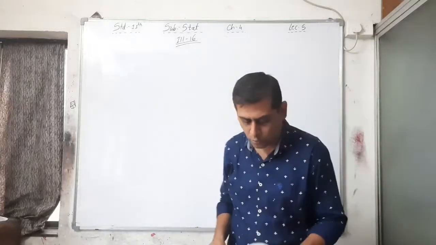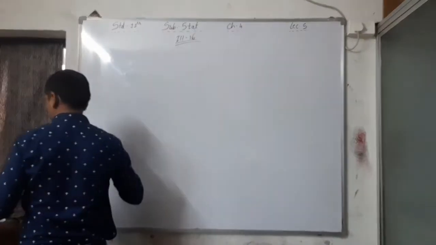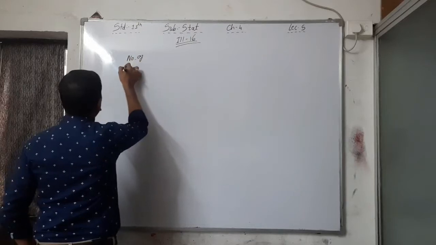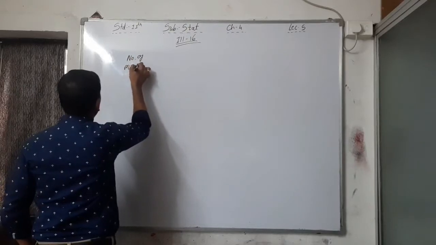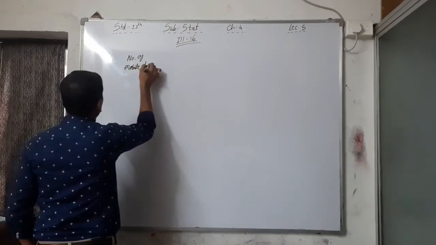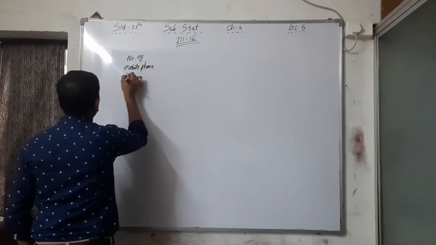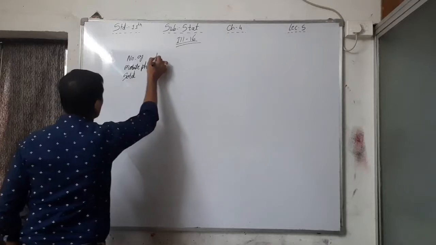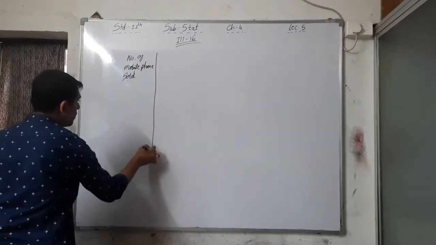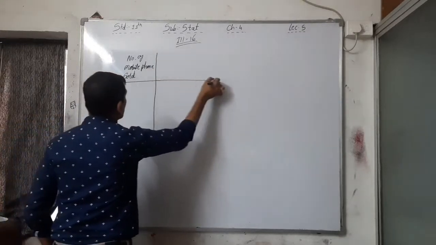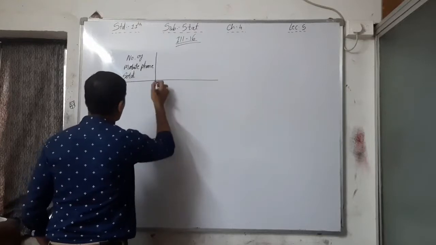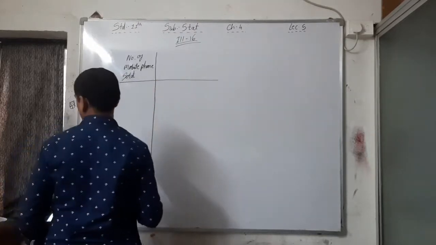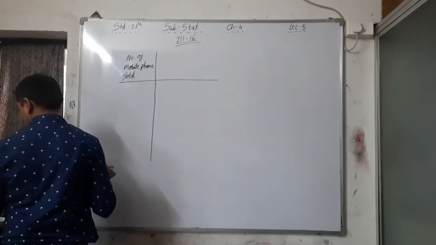Number of mobile phones sold: 5, 6, 7, 8, 9, 10.